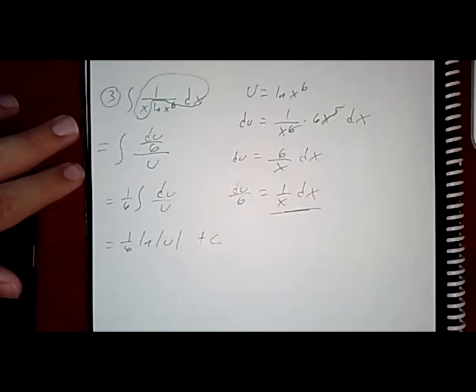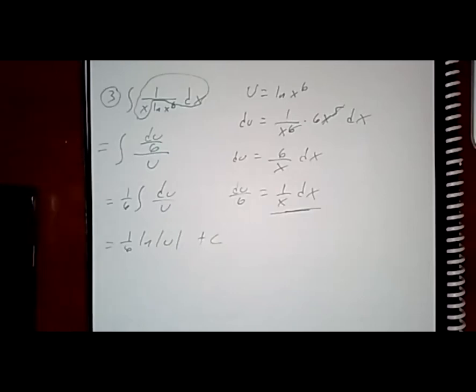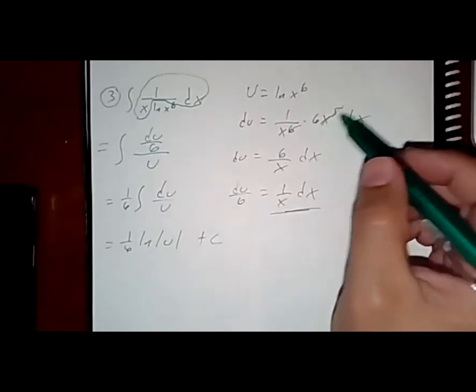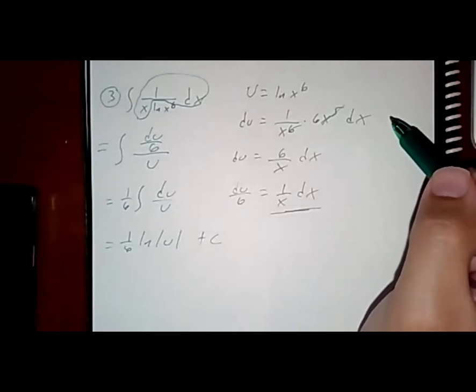Okay, so over here in my paper, I have the dx instead of the 1 up there. So I got dx over x ln x to the 6. So the dx is over there where the 1 is. That's fine. I just need to move it to the top and replace it by 1. It doesn't matter.